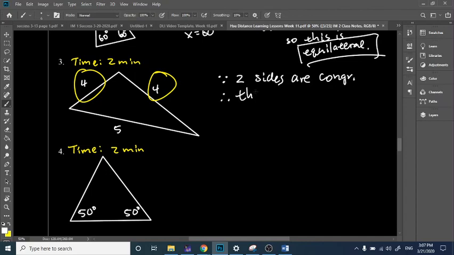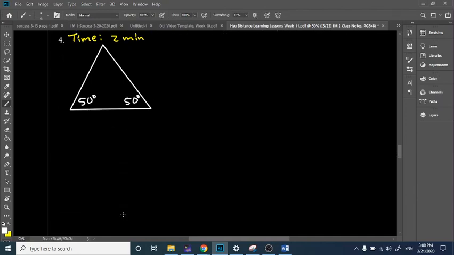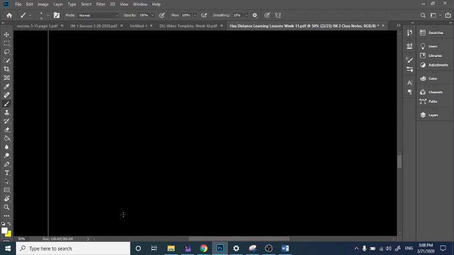Therefore, this is isosceles. And this one, yeah. Just do that as an extra I do problem, I guess. If I see that you made a good attempt at it, then I'll give you extra credit on that when you turn it in.